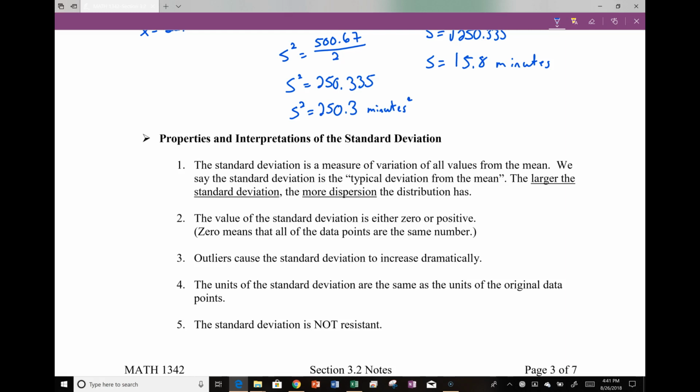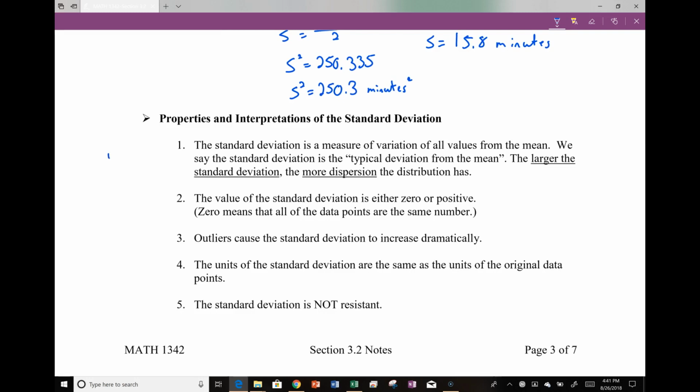Standard deviation is a measure of variation of all values from the mean. We say that the standard deviation is the typical deviation from the mean. So the larger the standard deviation, the more spread out the values are. The smaller the standard deviation, the closer the values are.